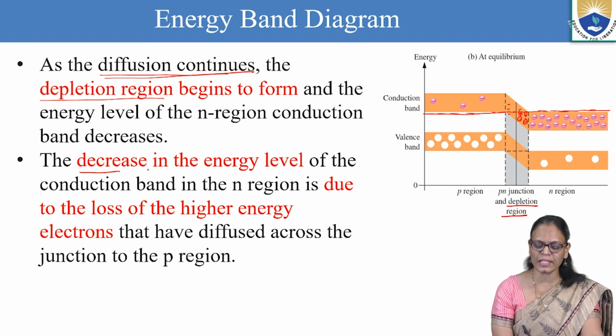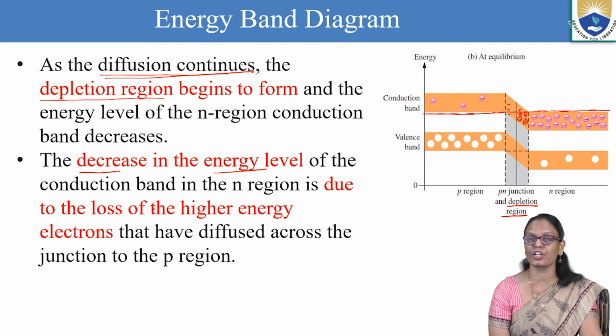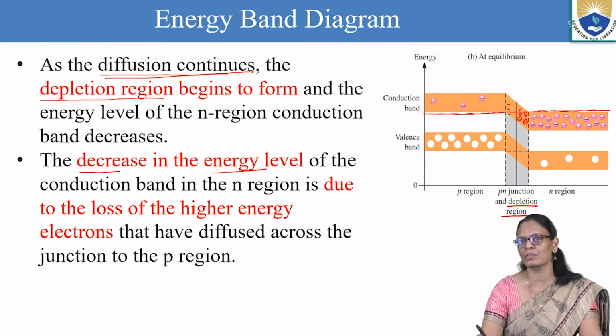The decrease in the energy level of the conduction band in the N region is due to the loss of higher energy electrons that have diffused across the junction to the P region. We are seeing a lowering of the energy level in the conduction band. This happens because of the diffusion of electrons from the N side to the P side. All the higher energy electrons on the N side have diffused onto the P side.